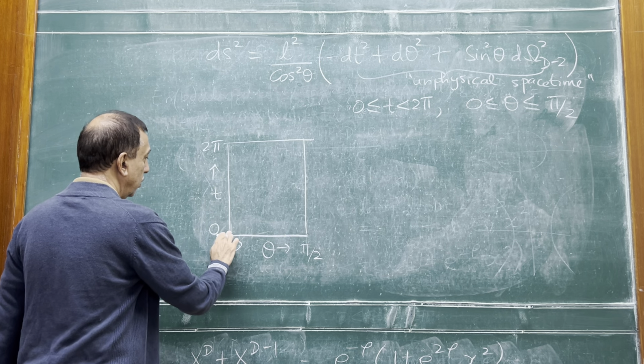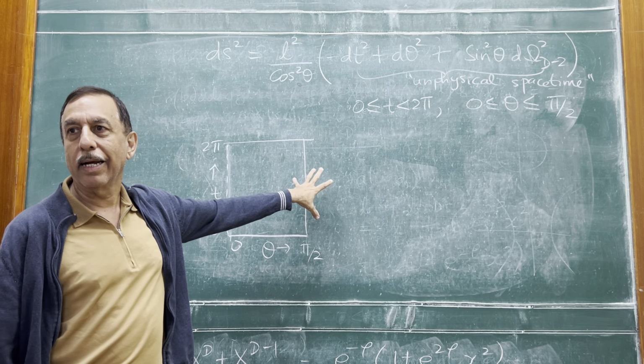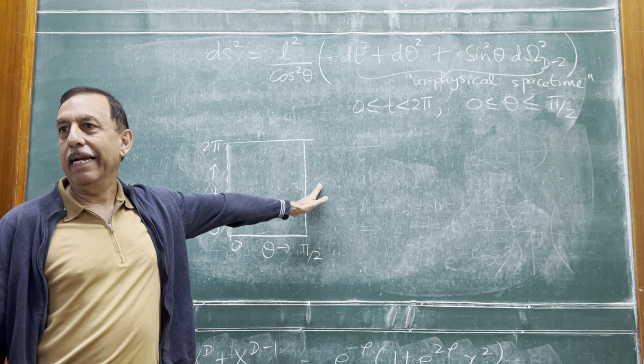What about pi by 2? That's where the sphere has become a unit sphere. Sine pi by 2 is 1. In de Sitter, the sphere was growing till here and then shrinking back, but it's not doing that now. It's just growing till here and staying maximal, and the space-time is ending here.